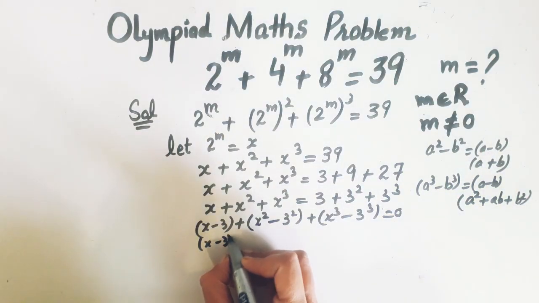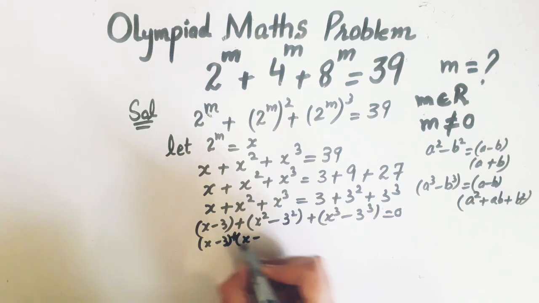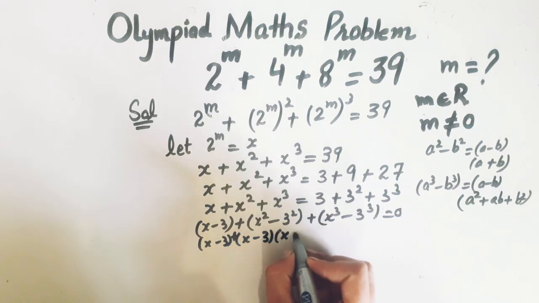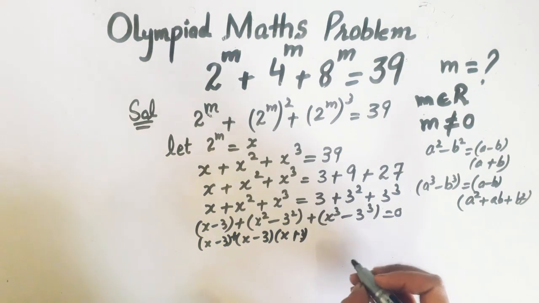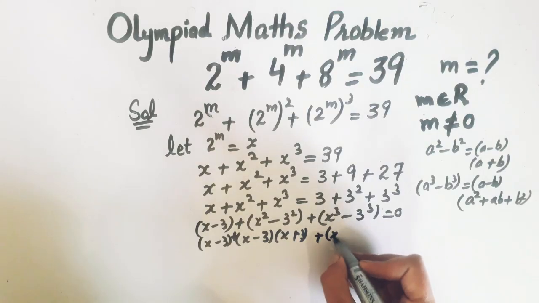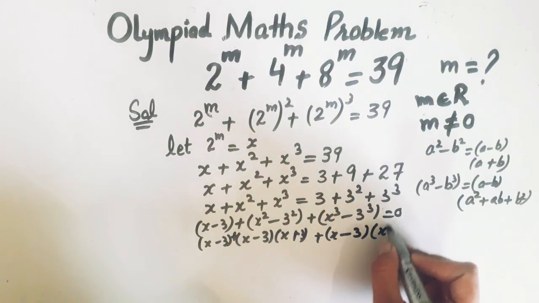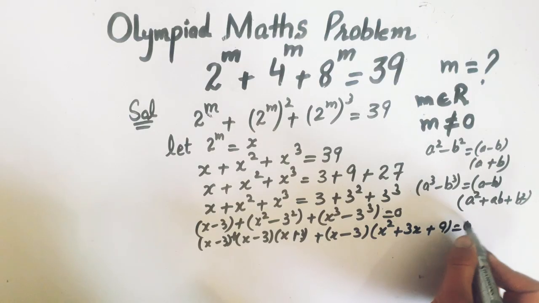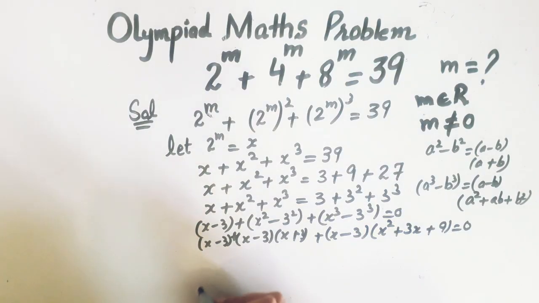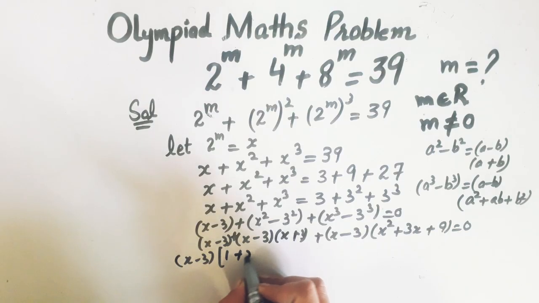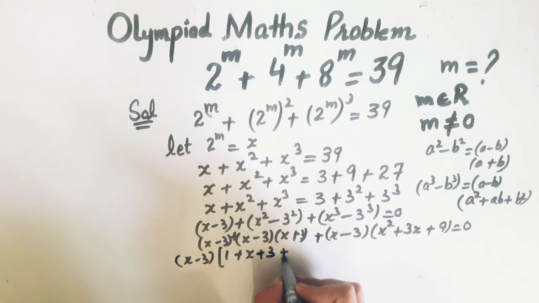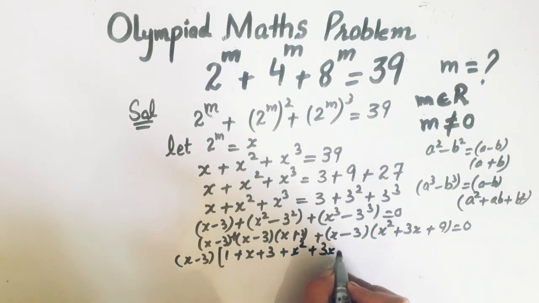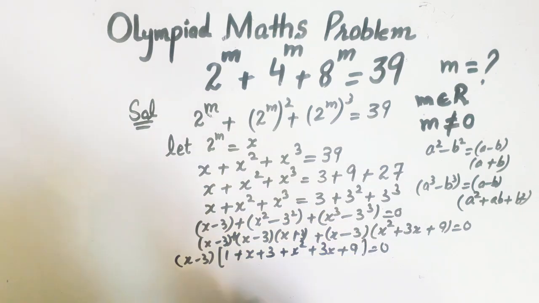First of all, x minus 3, then plus x minus 3 into x plus 3. And the other one will be x minus 3 into x squared plus 3x plus 9 equals 0. Now you can take x minus 3 as common. So when we take x minus 3 common, the remaining will be 1 plus x plus 3, plus x squared plus 3x plus 9 equals 0.